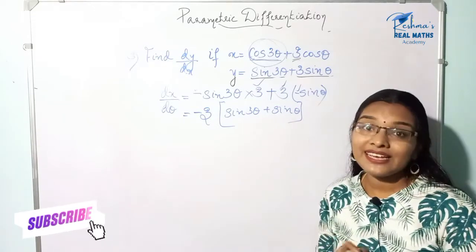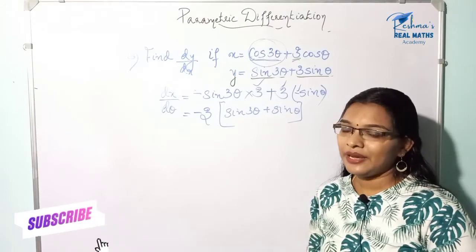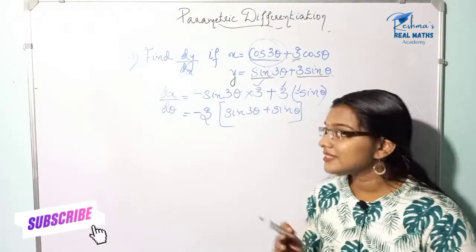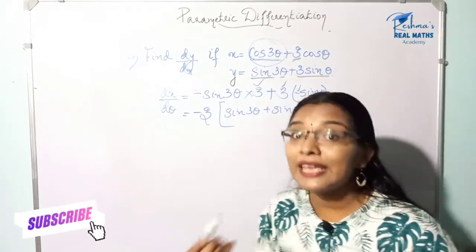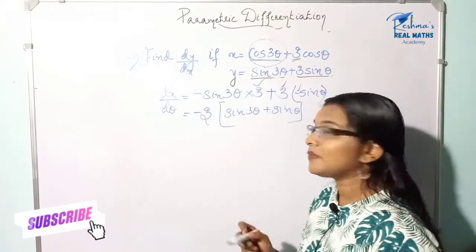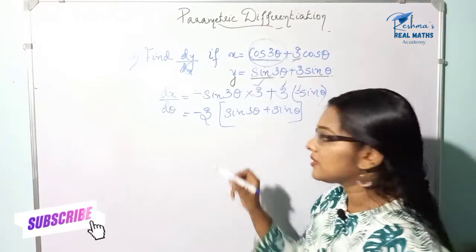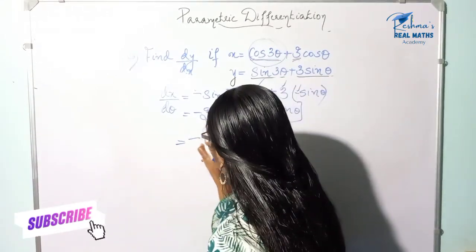Now look here. It is of the form sin A plus sin B. What is the formula? It is 2 sin (A plus B)/2 cos (A minus B)/2. So we can apply that formula here in order to solve this.